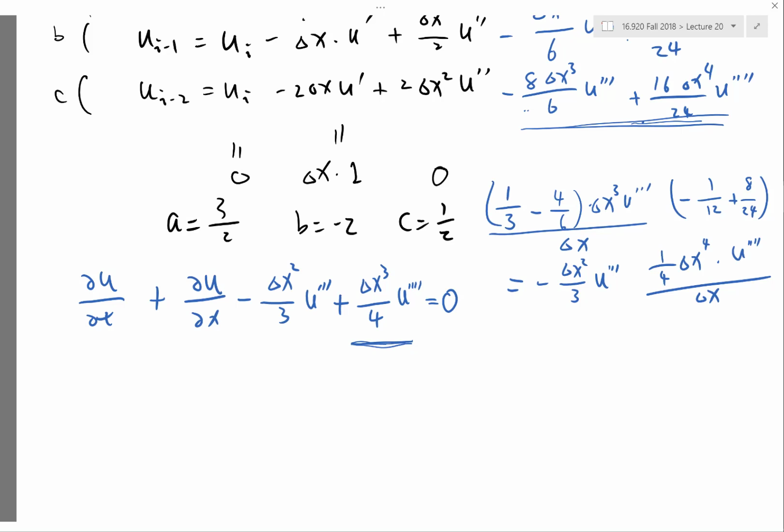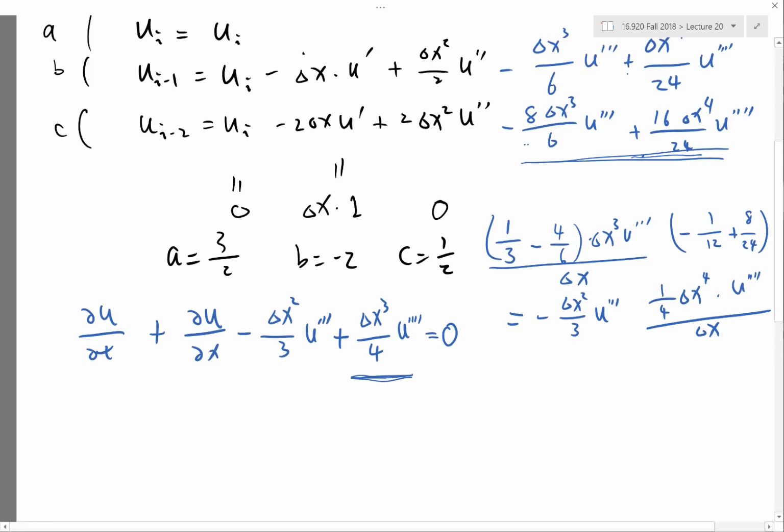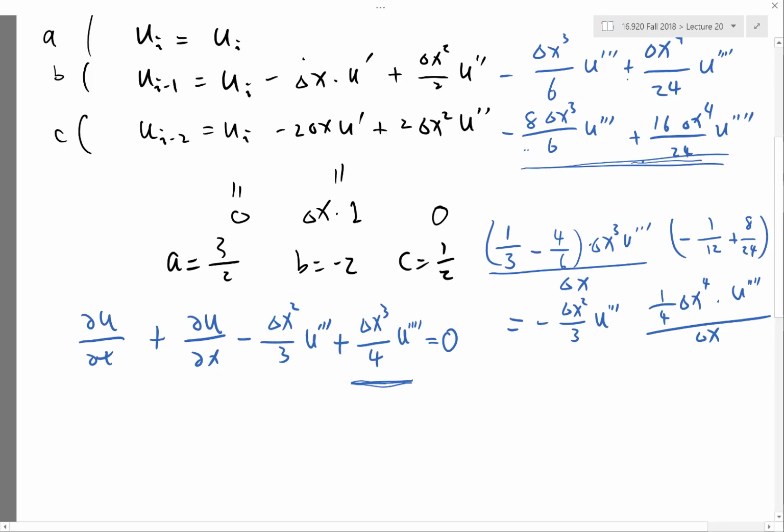Okay, so this is actually the correct sign to provide you dissipation. If you see a positive fourth order derivative on the right hand side, you actually have divergence. Your scheme is going to blow up. Okay, so basically this is a scheme that has both numerical dissipation and dispersion.